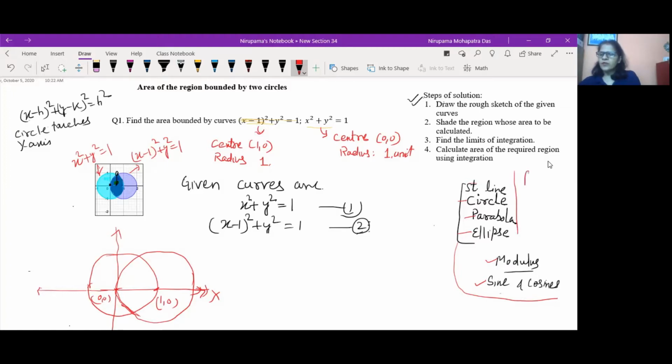We need only two formulas: the integral of x to the power n, and the integral of under root a square minus x square dx, apart from our sine and cosine functions.